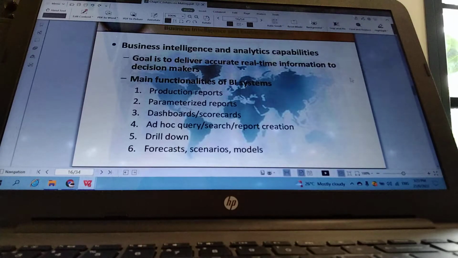And these are the main functionality of the BI system. Besides, there are many other features or details also can be seen within the BI system.